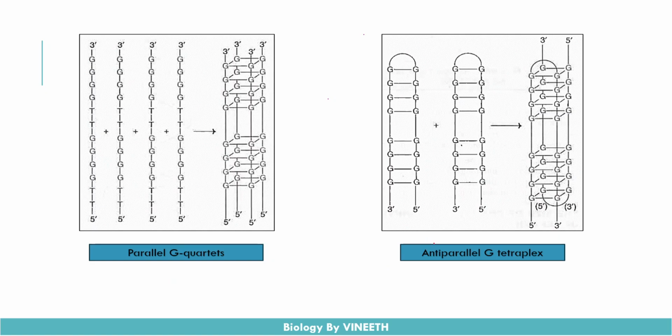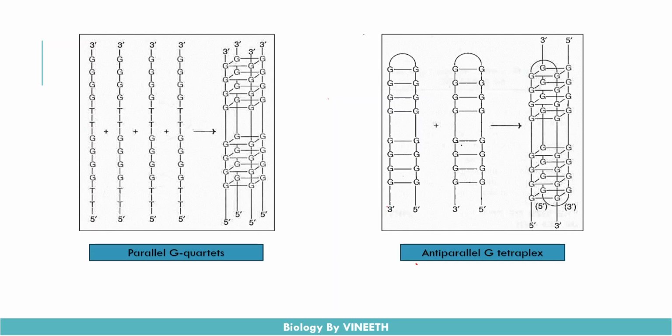Parallel G quartets, or G tetraplexes, will have the 4 strands running in the same direction, that is, in the parallel direction, while in the antiparallel G tetraplex, we will have 2 double helical DNA strands which will be running in antiparallel directions, and they form the G tetraplex.